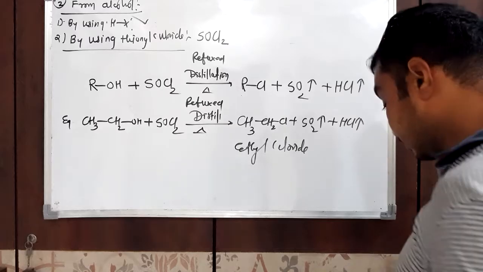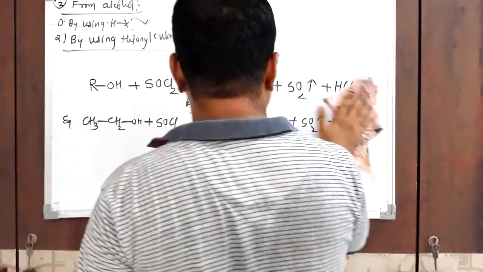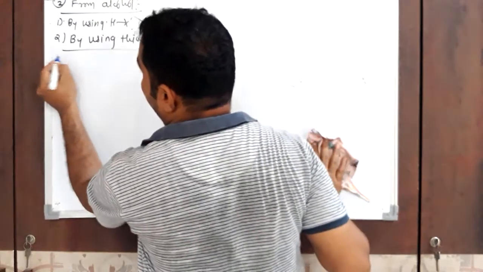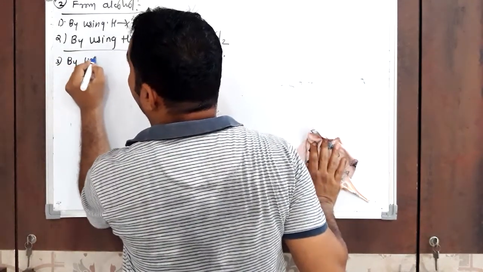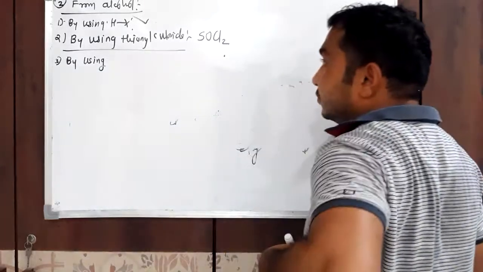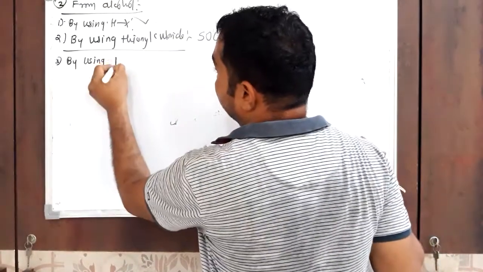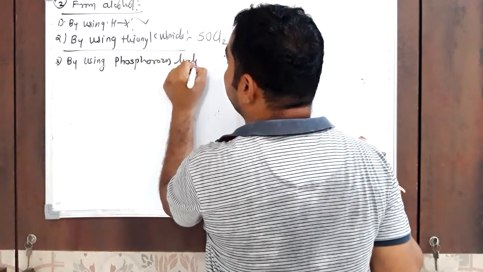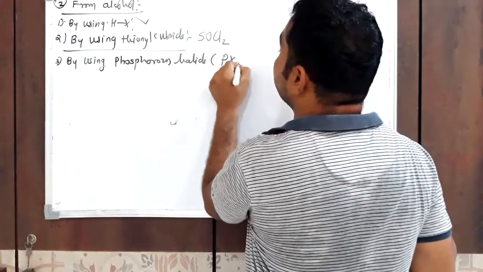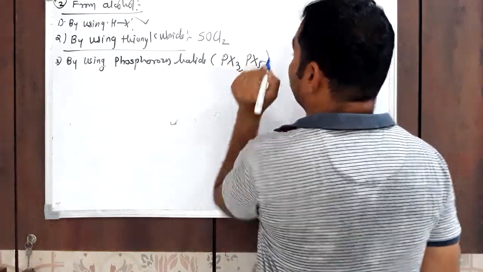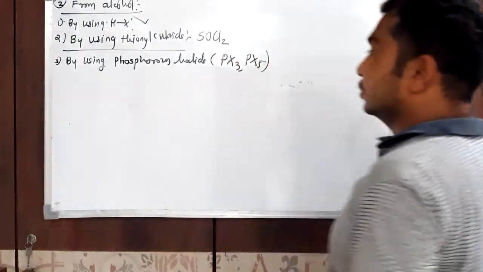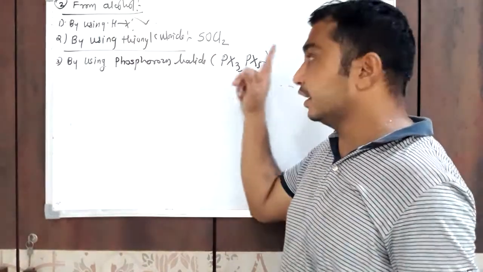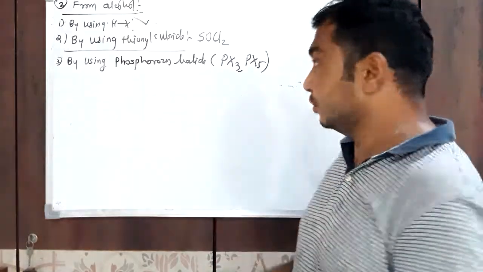Now the third method from alcohol: by using phosphorus halides, PX3 or PX5. Alcohol treated with PX3 or PX5 gives the corresponding alkyl halide. We will see in detail.